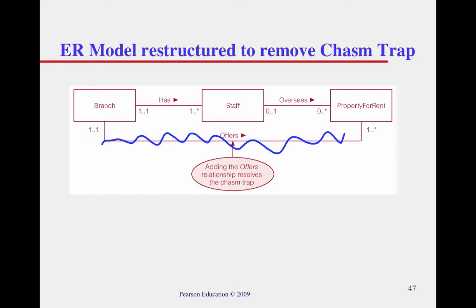It can't be null. You could force this to have a minimum participation of 1. For example, you might designate the manager of the branch to automatically get any property when a staff member leaves.